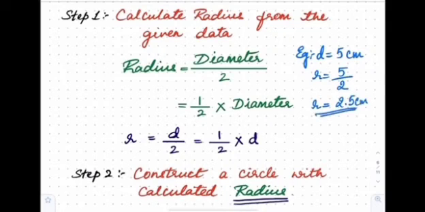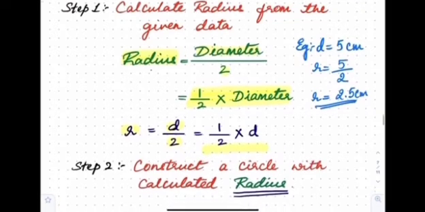Understood, children? Radius is equal to diameter divided by 2. Here radius is equal to half the diameter. R is represented for radius. So R is equal to D by 2. Or you can even write it as half into D. This is also right.